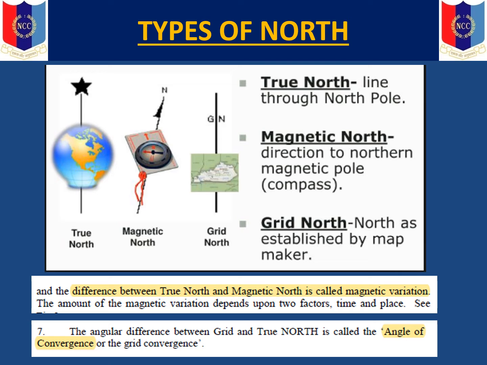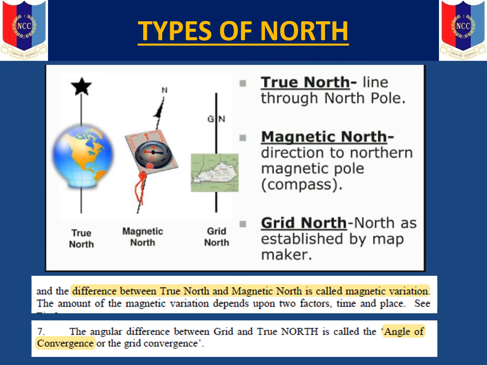The difference between true north, magnetic north, and grid north. Now this is the true north, the line which moves up through the south pole through the north pole. Basically the line joining the north and the south poles.